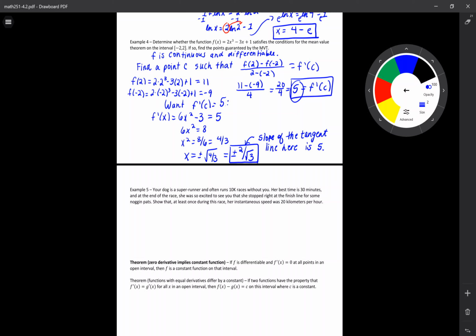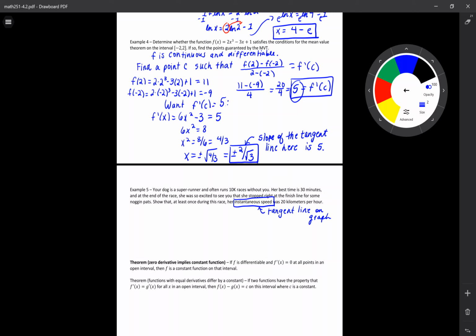So this instantaneous speed, what does this mean in terms of a graph? Instantaneous speed represents the tangent line on a graph. We also had that she runs 10K in 30 minutes.